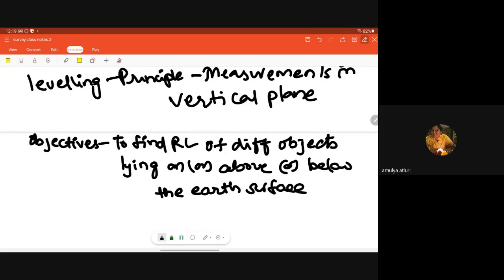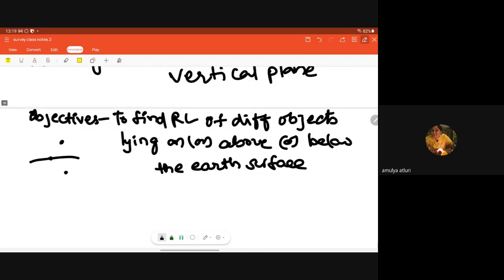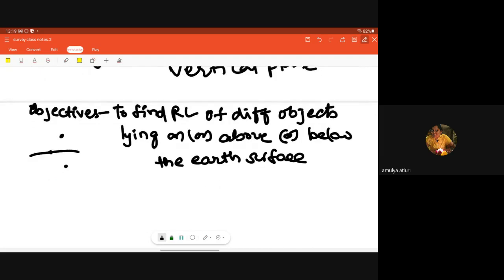And to establish points at a given elevation with respect to datum.